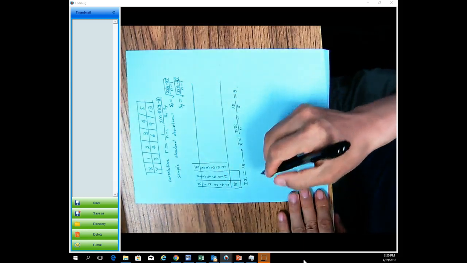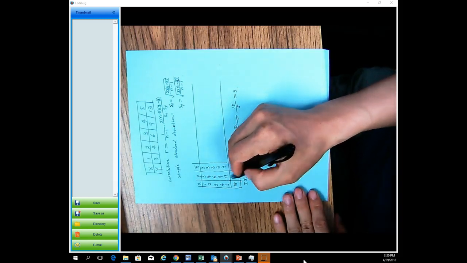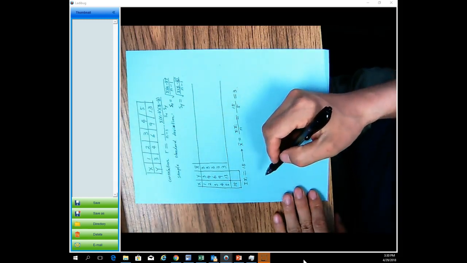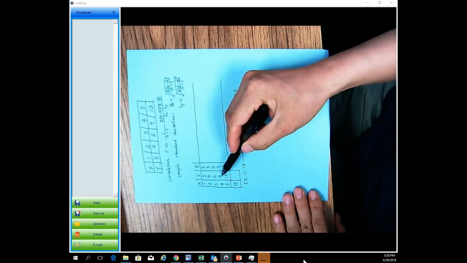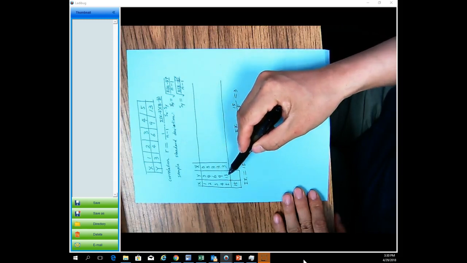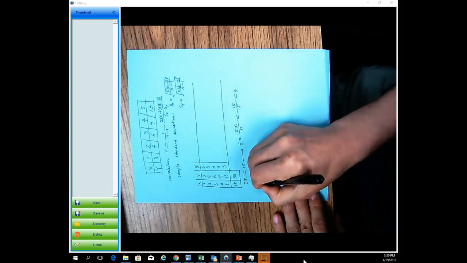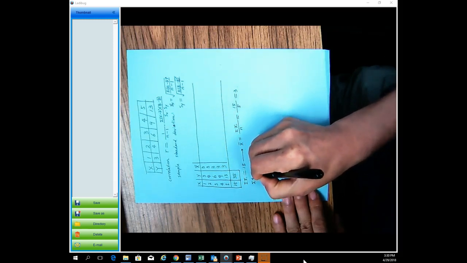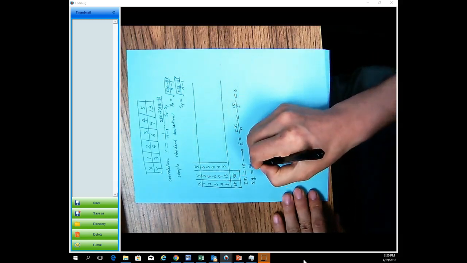Similarly, we can calculate the column total for the y column as well: 3 plus 4 is 7, 7 plus 6 is 13, 13 plus 9 is 22, 22 plus 13 is 35. So the summation of yi is 35.